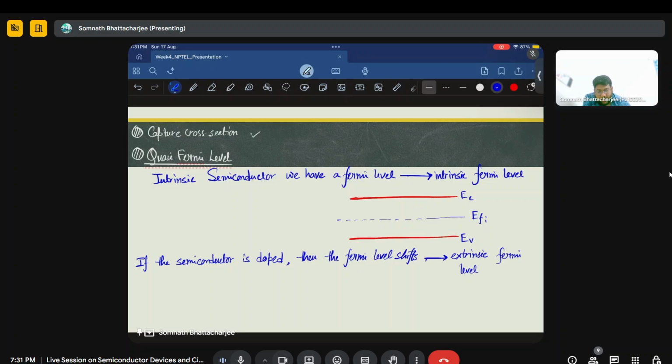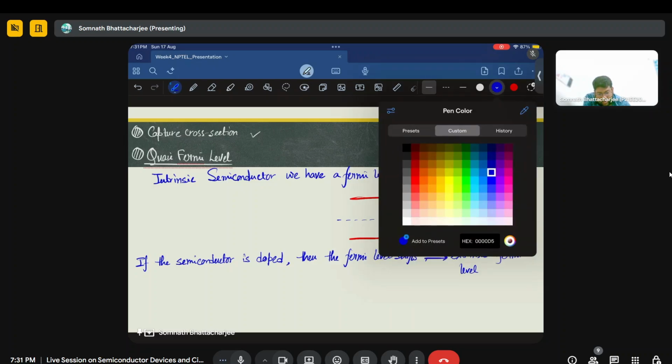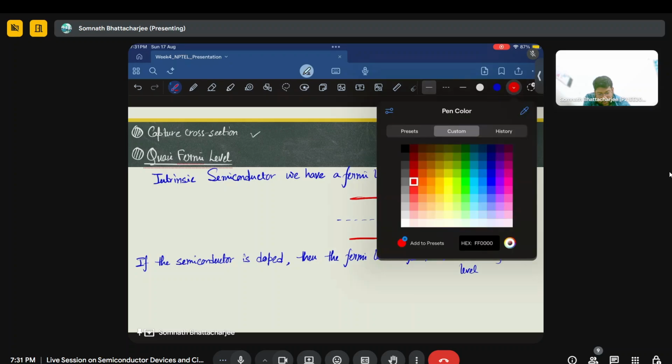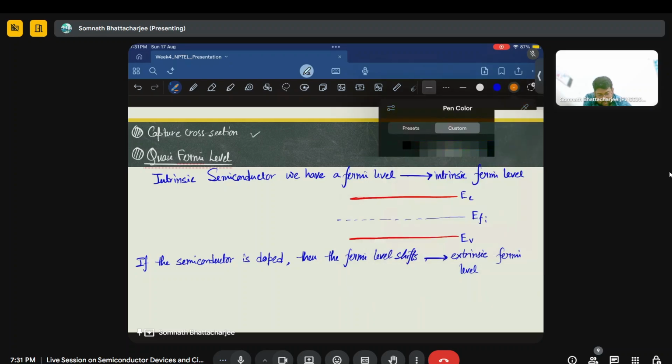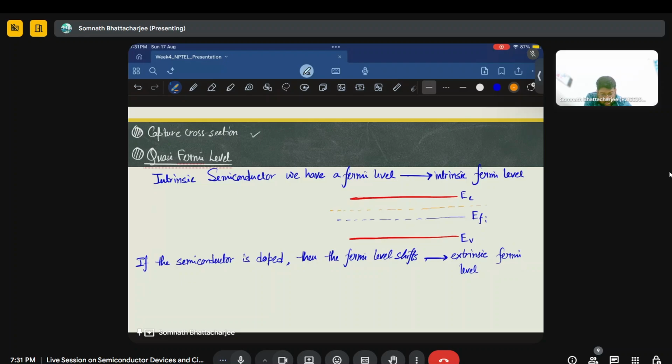So let's change the level like this. Based on this, we can say that this is the new Fermi level or EF. So this is the extrinsic Fermi level or the basic Fermi level, or we can just say the Fermi level.